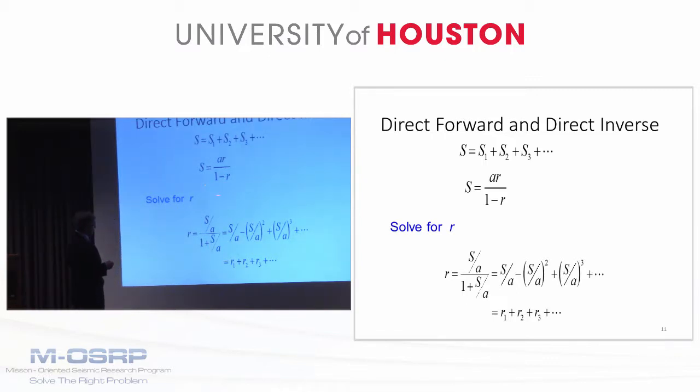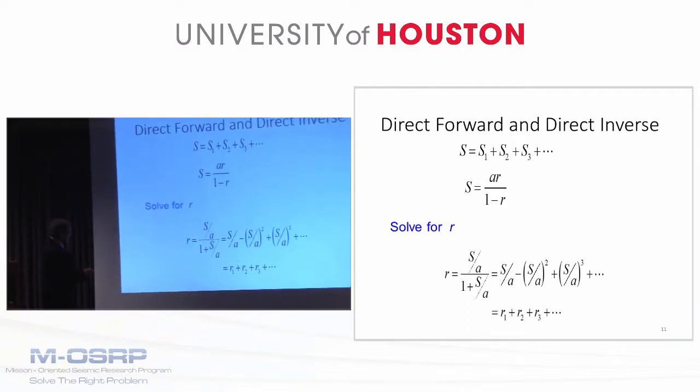The interesting thing is this simple formula can be solved for R in terms of S. And you get this, yes? Just solve this. 1 minus R times S is AR, yes? You want to do that? You can see it, okay. So what it says is a geometric series has an inverse geometric series.